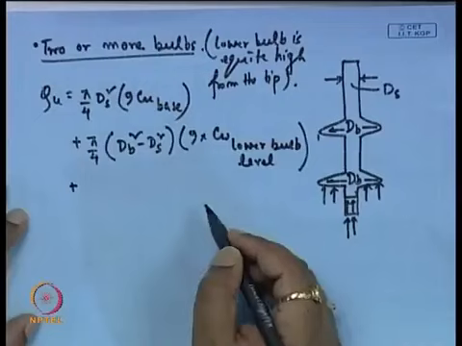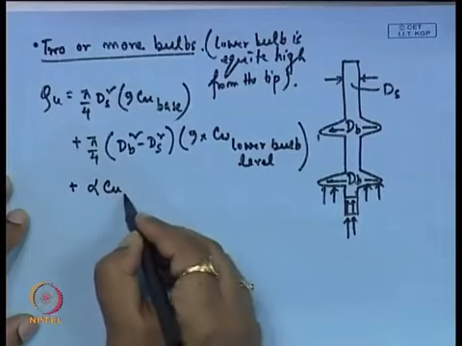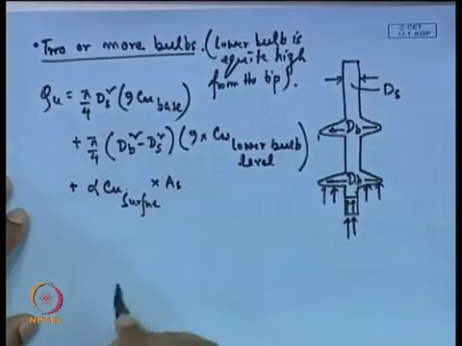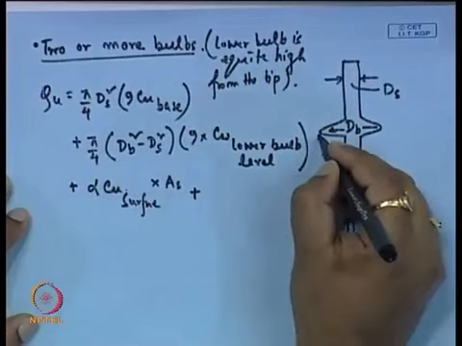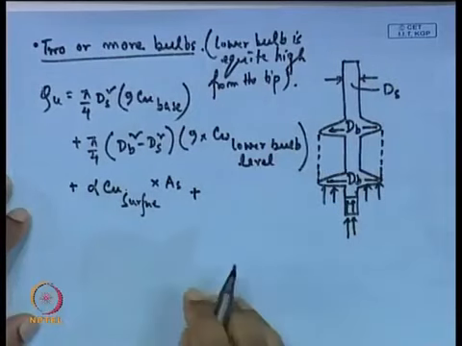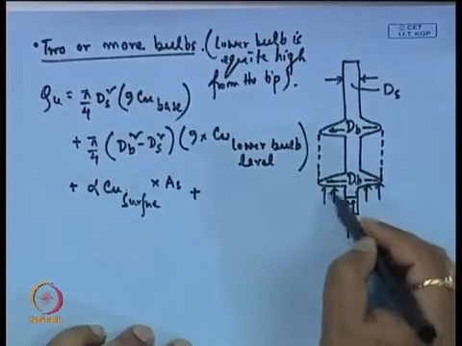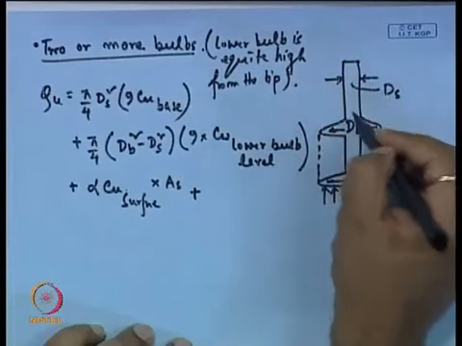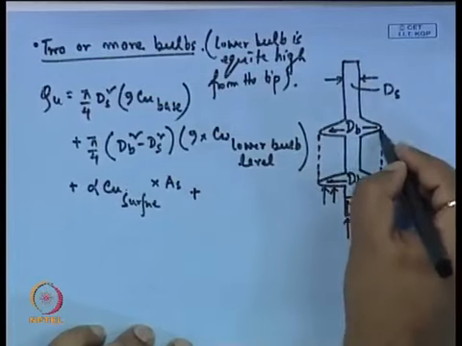So, friction resistance as usual for the shaft we will get. This is alpha into Cu at the surface into As as usual, this is the adhesion factor, plus here one additional term, if I take one cylinder into consideration. The tip resistance we are getting at this tip, another resistance due to this enlarged bulb, and the shaft resistance from the upper shaft and from the lower portion for the two bulbs.